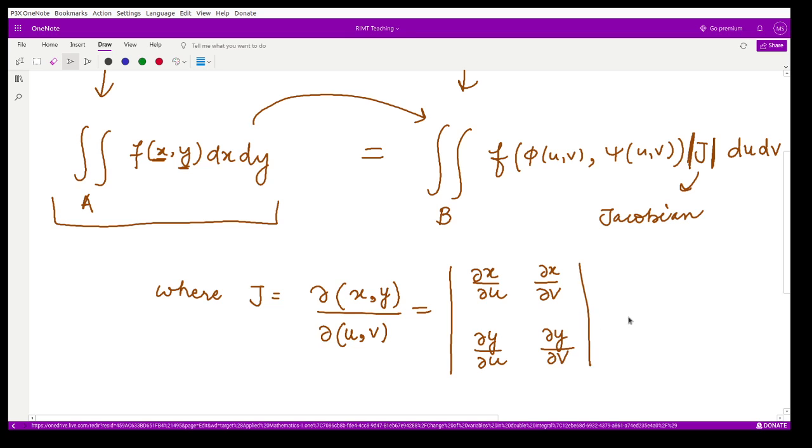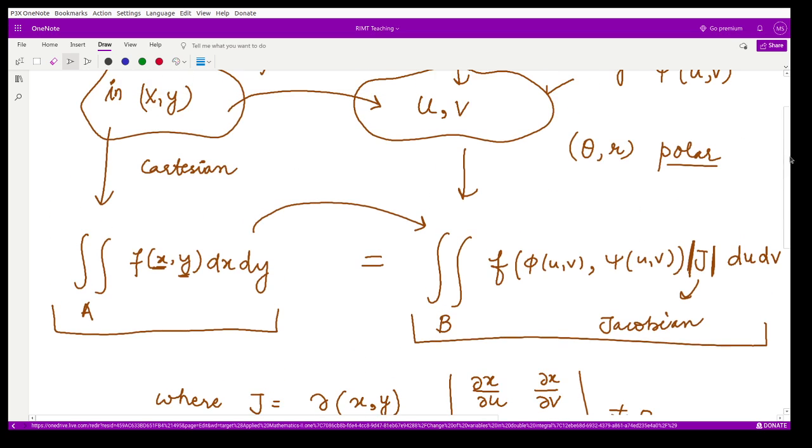Whatever this value is, moreover it should not be equal to 0. Then you can substitute this value here and this integral is equivalent to this particular integral. So this is how you change from one system to another.